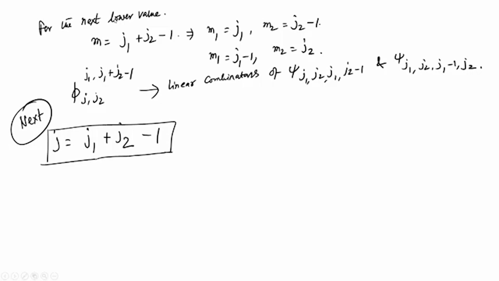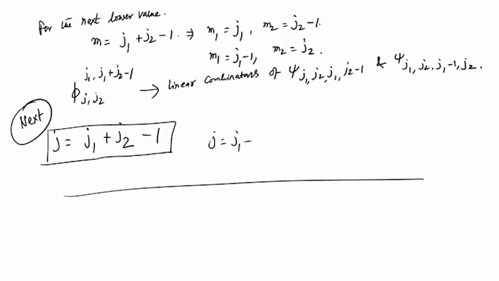So, if you make another table now with J equal to J1 plus J2 minus 1, and all these M values and all these degeneracies, and all these M1 and M2 values.